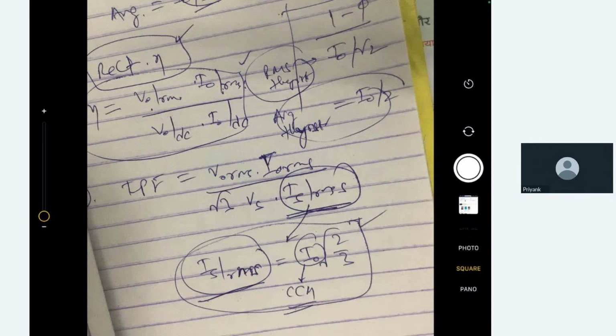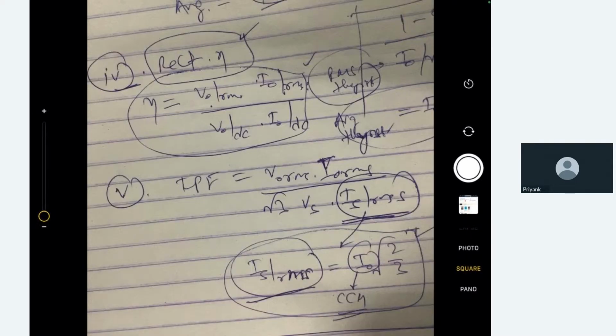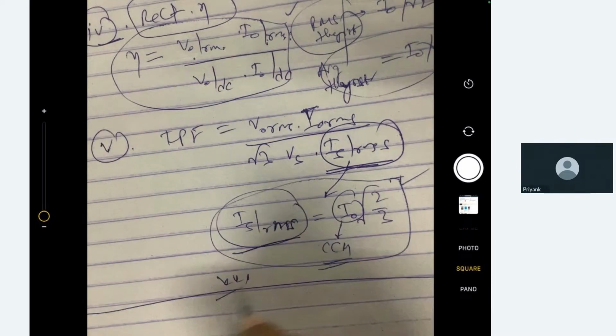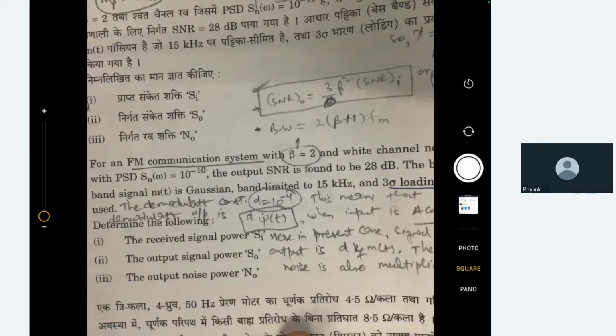Okay, so shall we move to the next question, number 8? Yes. Question number 8. The first question is coming directly from BP Lathi. It is an unsolved problem in BP Lathi.